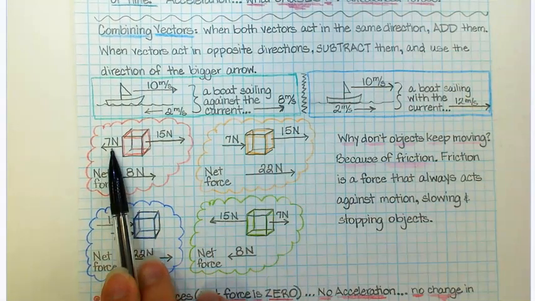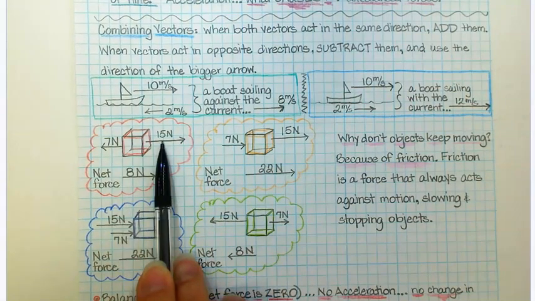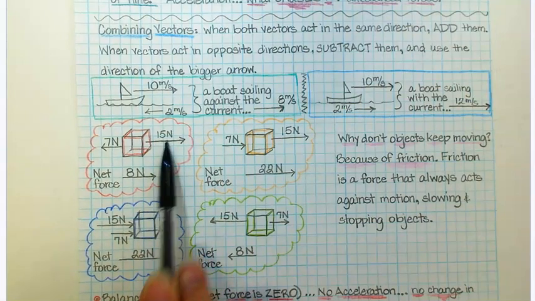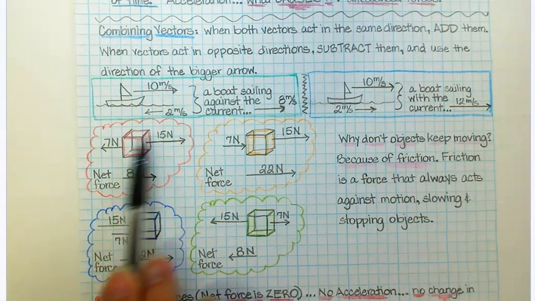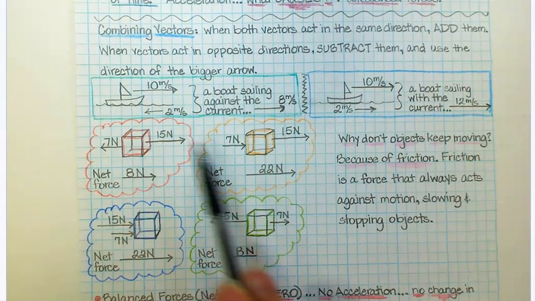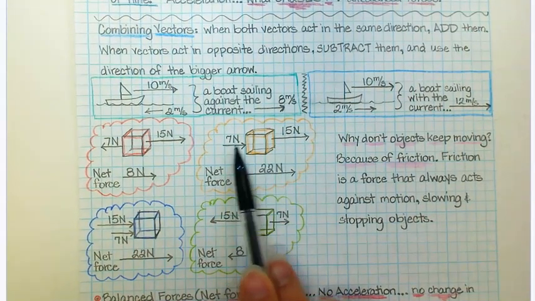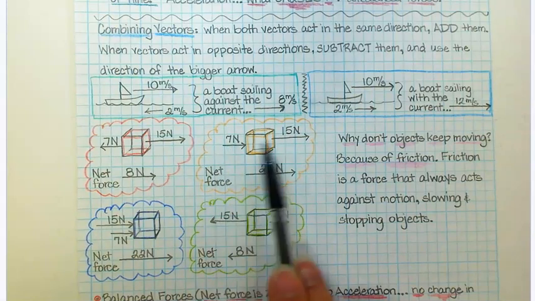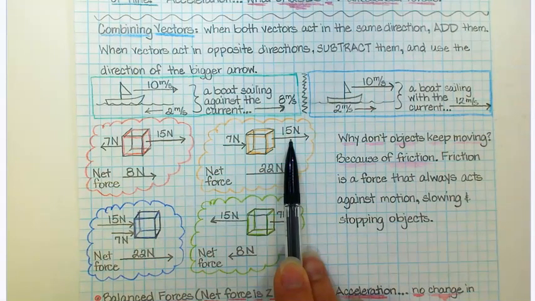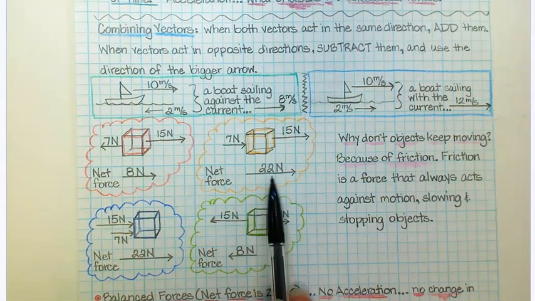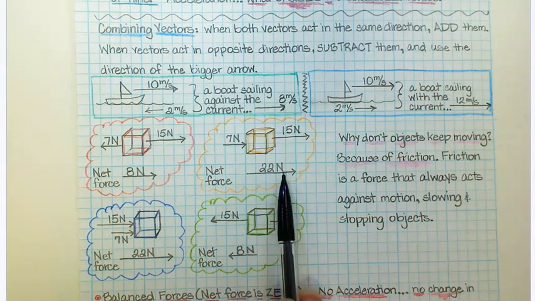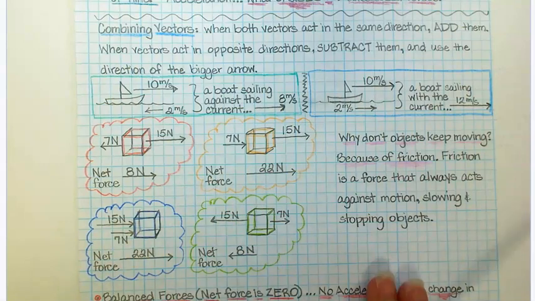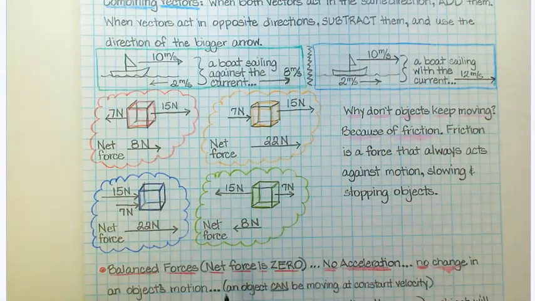So here you have 7 to the left and 15 to the right. 15's bigger, so your net force is 8 to the right because you take the difference because they're pointing in opposite directions. Here you've got 7 to the right, like as a push, 15 to the right as kind of a pull, but they're both pointing to the right, so you add them. And the direction will be in the direction of the two individual forces because they both point the same way.